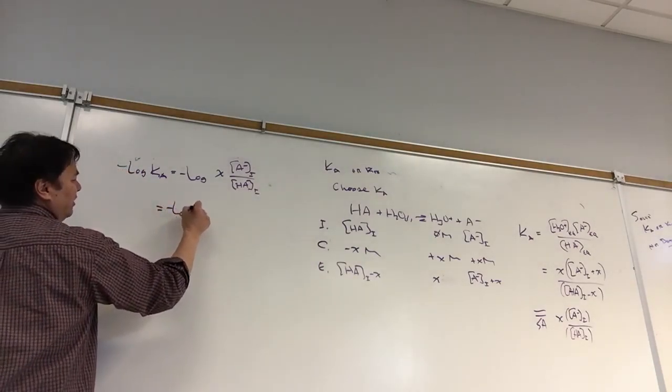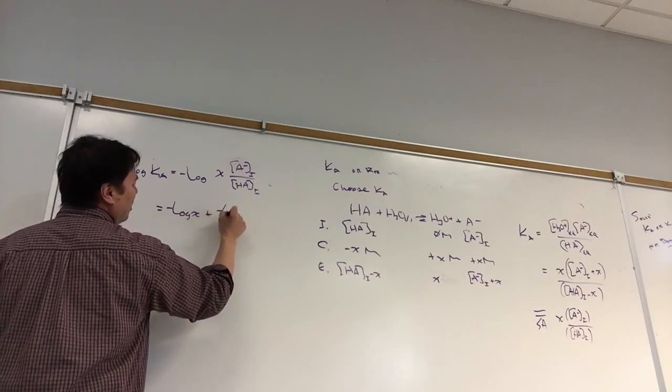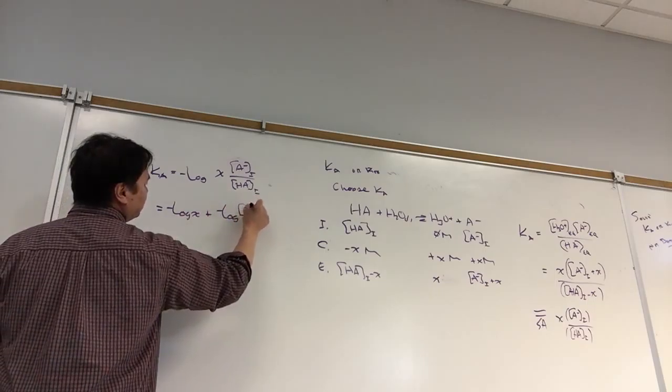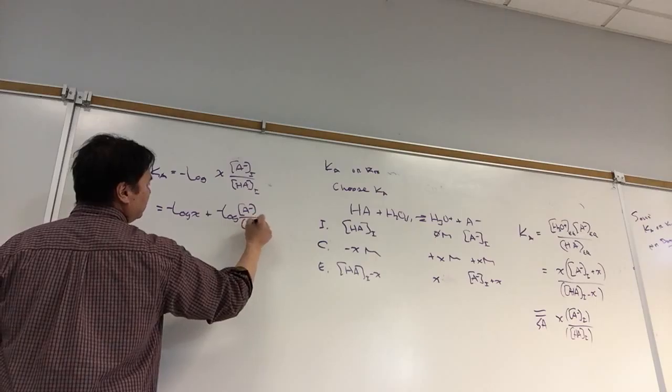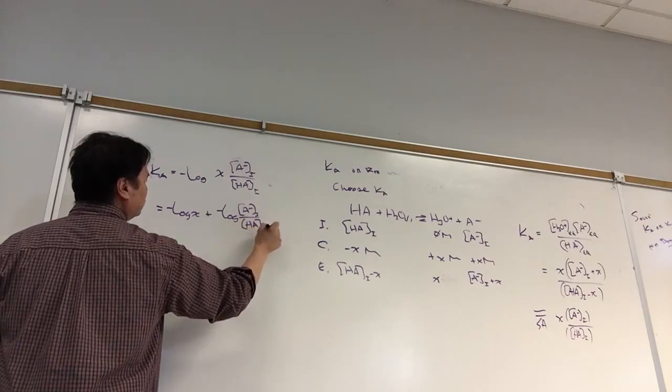So this is going to equal negative log of X plus the negative log of A minus over the HA. Both of these are initial.